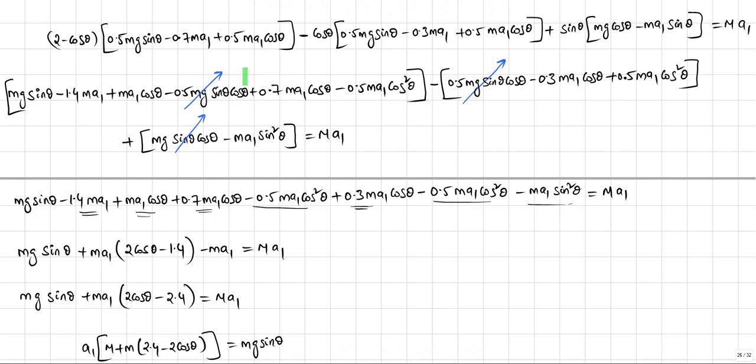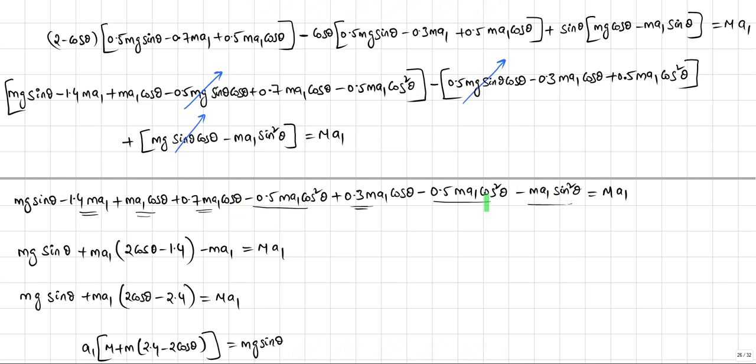The sin theta cos theta terms will get cancelled: minus 0.5 mg sin theta cos theta, minus 0.5 mg sin theta cos theta and plus mg sin theta cos theta. These three terms will get cancelled, and from the remaining terms the cos square theta terms and sin square theta terms will be added. We take 0.5 m a1 cos square theta and minus 0.5 m a1 cos square theta.